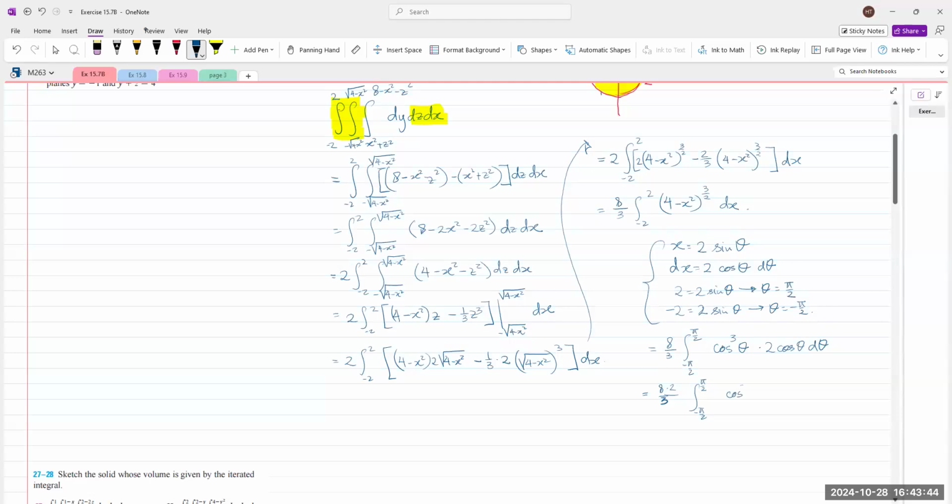Let me write it as cosine squared theta being squared d theta, and then I do the half angle identity, right? This is 1 plus cosine 2 theta over 2, squared, d theta.